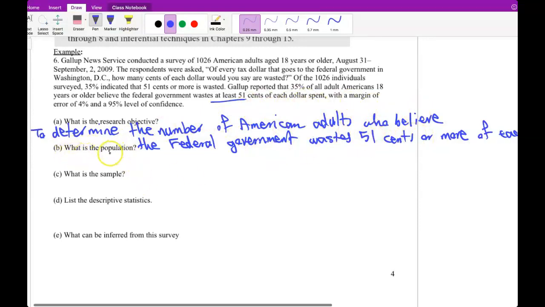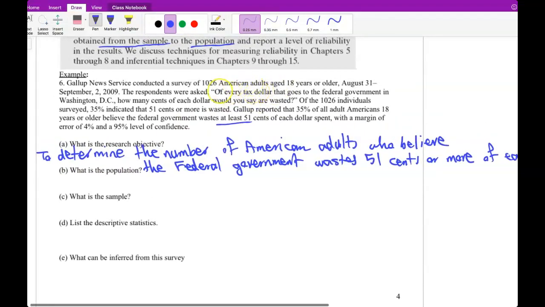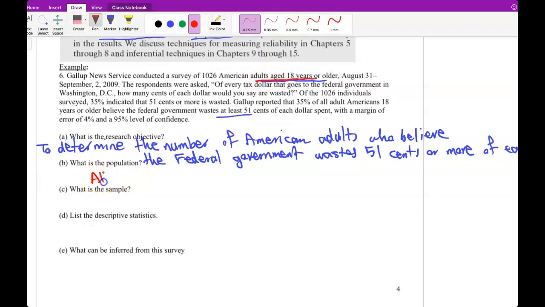Part B, what is the population? What we used here, our sample was 1,026, and that was from this group of people, American adults age 18 years or older. So this is the population. This is our population. All, instead of writing 1,026, this part is the sample.